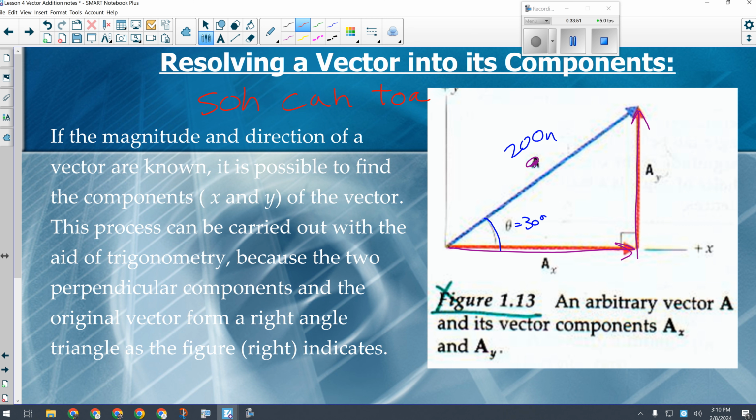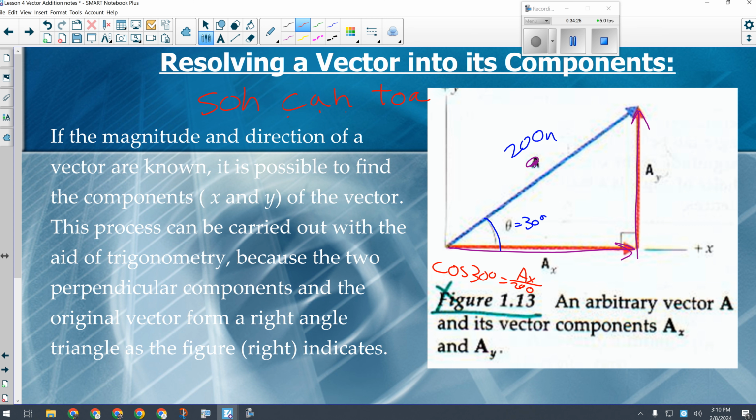I would use cos, because I'm looking for the adjacent side, and I have the hypotenuse and the angle. Cos is adjacent divided by hypotenuse. That's what I have, and that's what I'm looking for. So to find Ax, the cos of 30 degrees equals Ax, the adjacent side, divided by 200 meters. To find Ax, I would just multiply both sides by 200 meters.